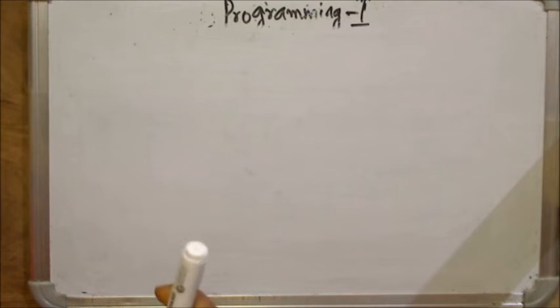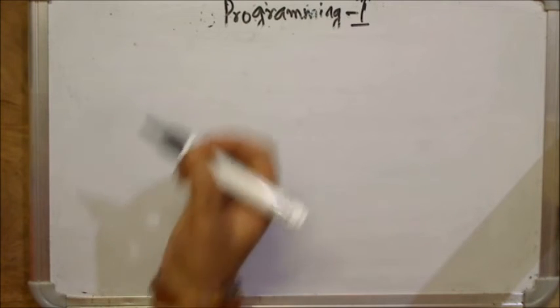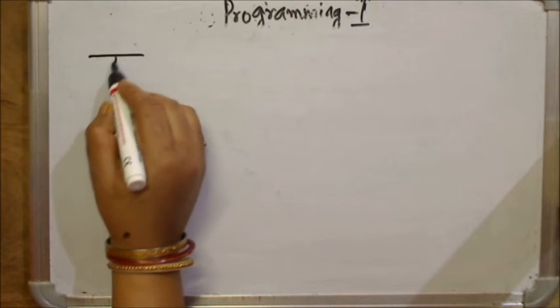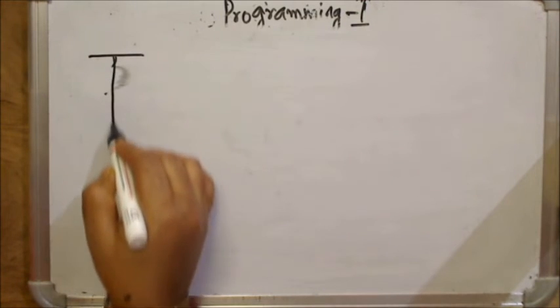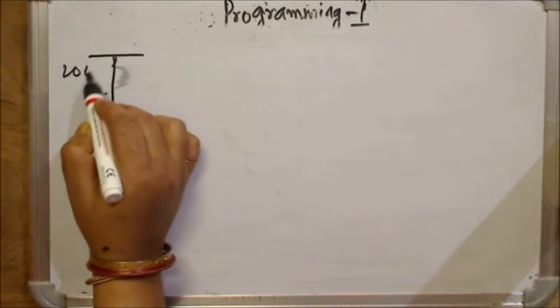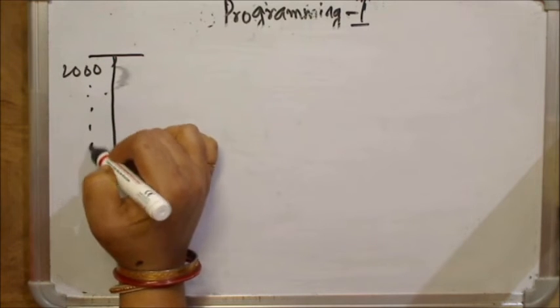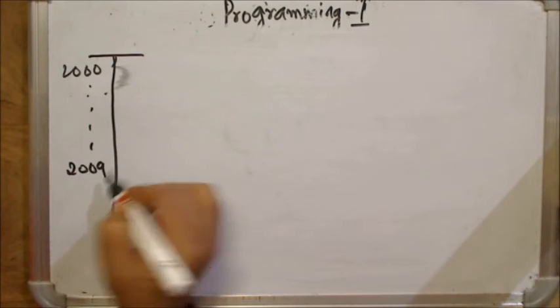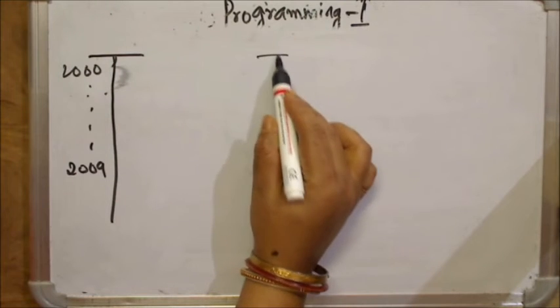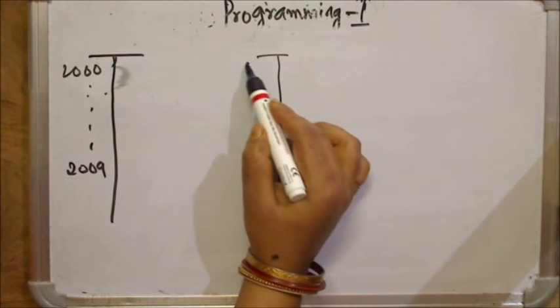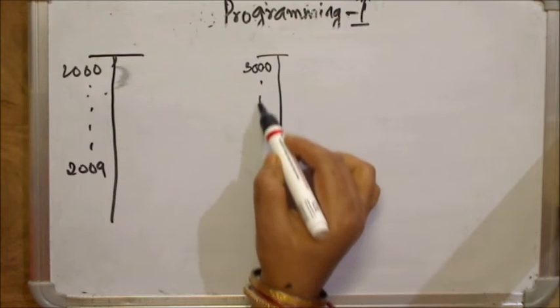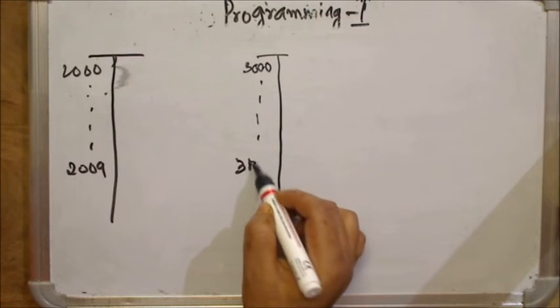Okay, now next one. Block exchange. Suppose you have a block of data stored in memory locations from 2000 to 2009, and you have a second block of data located from 3000 to 3009.